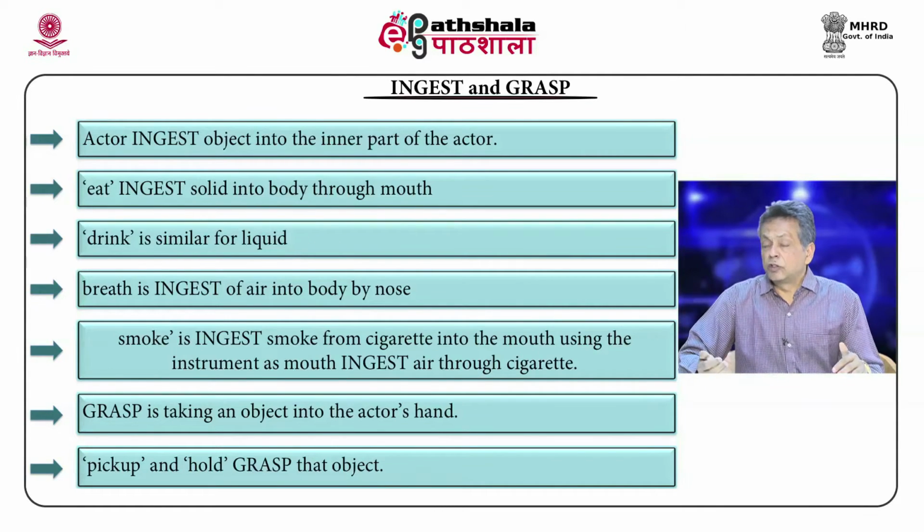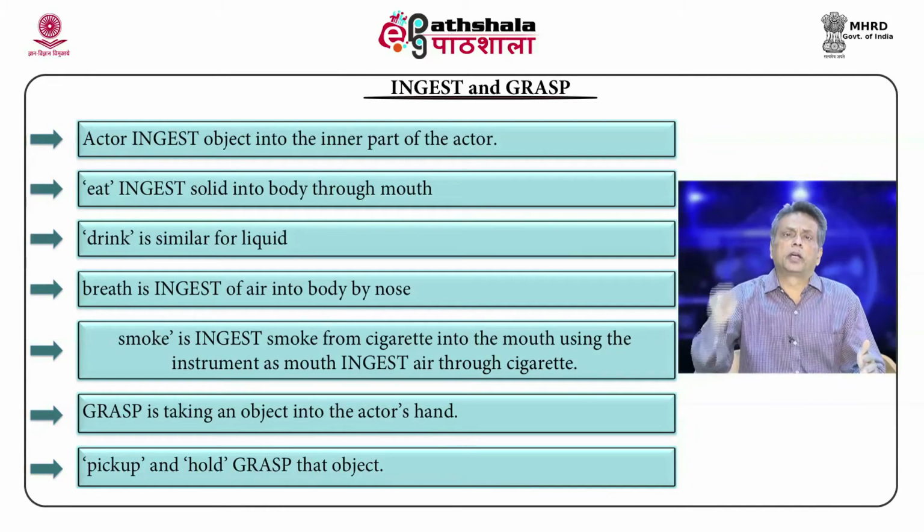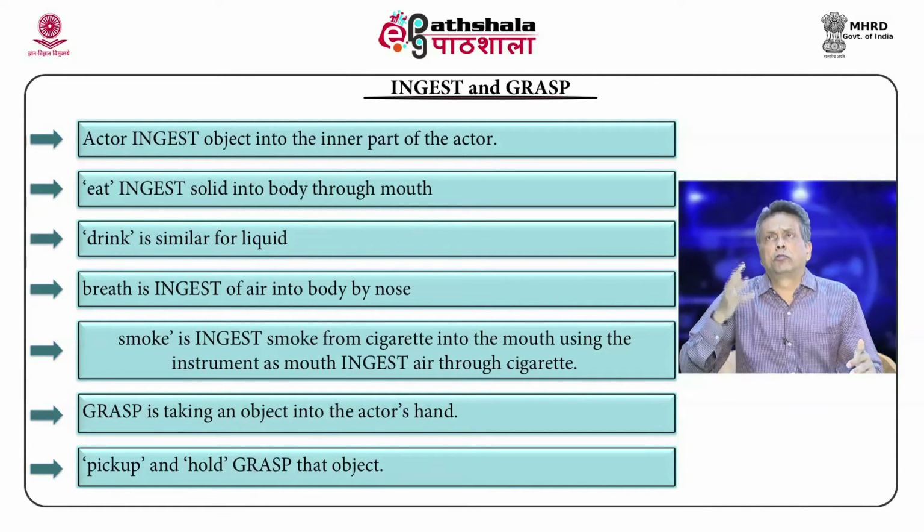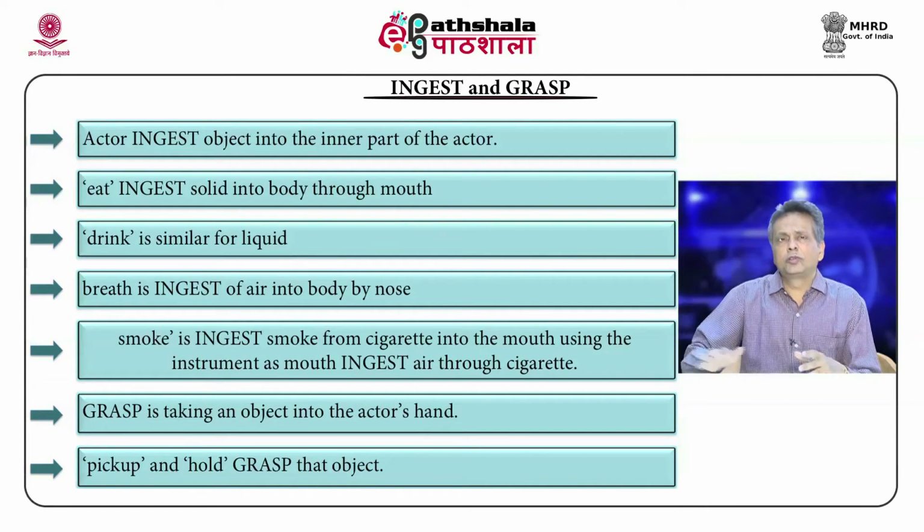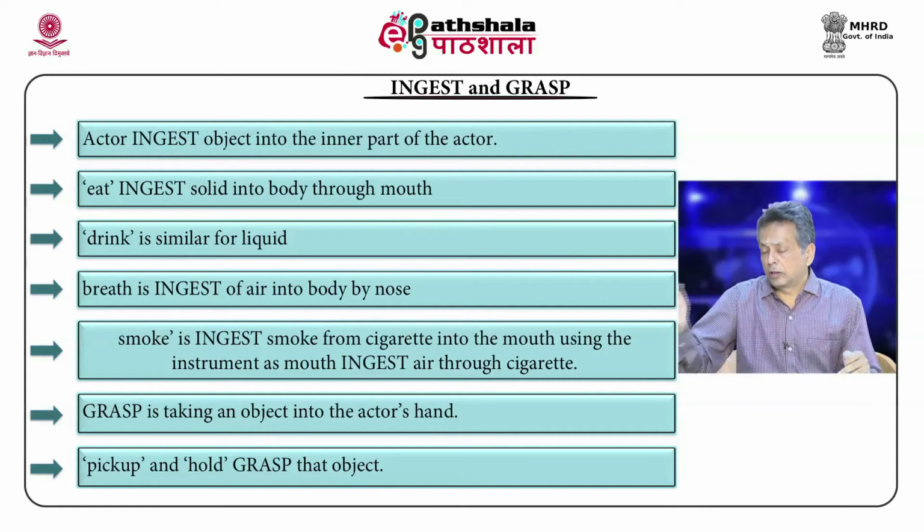Smoke is ingesting the smoke inside the lungs. The next one is called grasp, which has a very clear meaning, so you do not need to worry more about grasp. Grasp is picking up something, holding it. So, if you use verbs like pick up, hold, and want to represent them using CD, you will use grasp as the primitive.